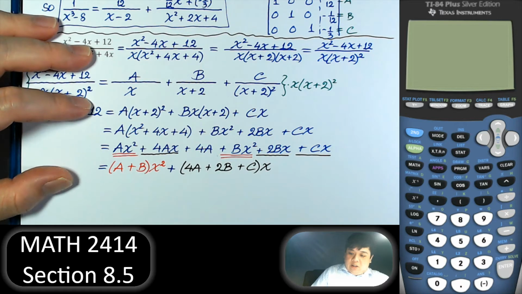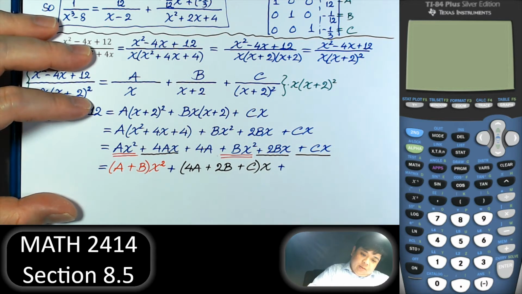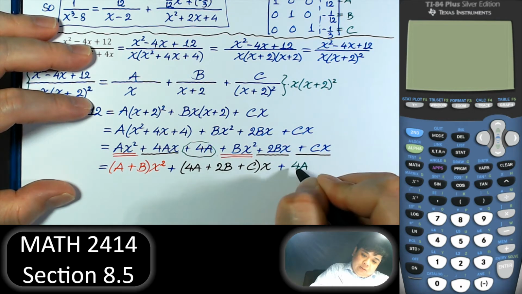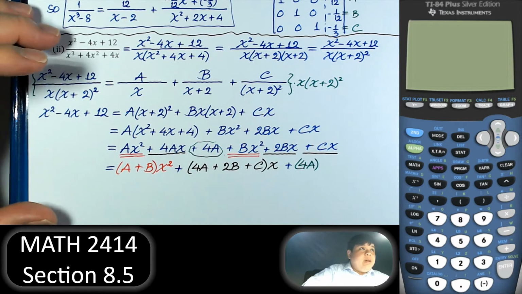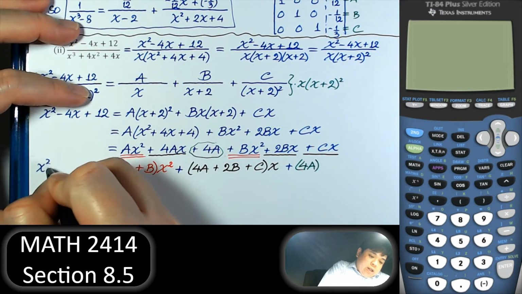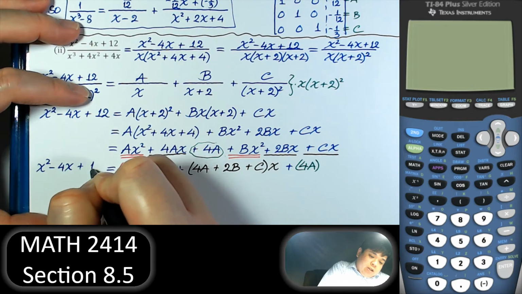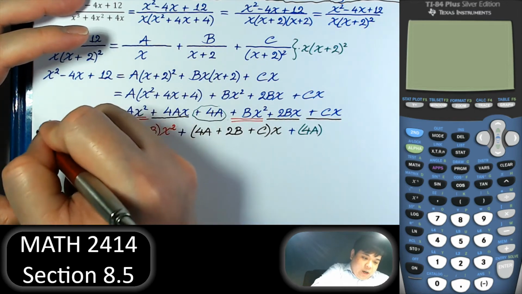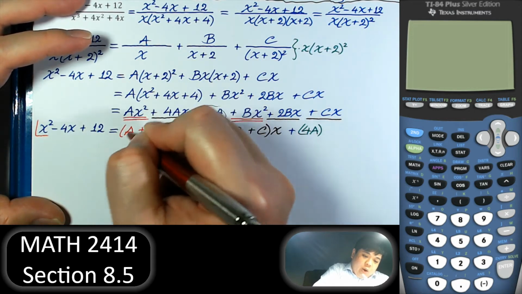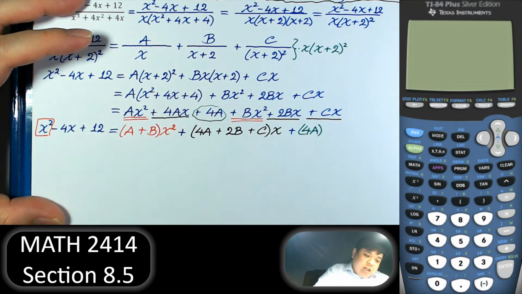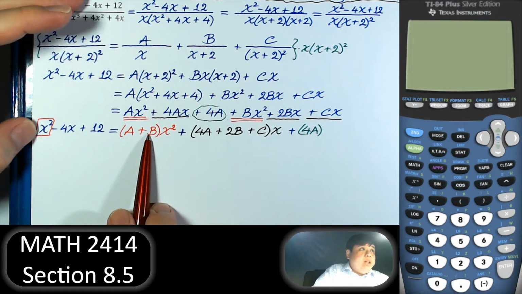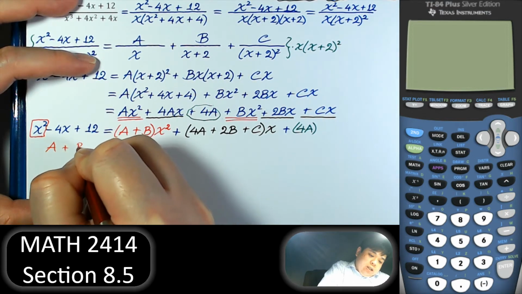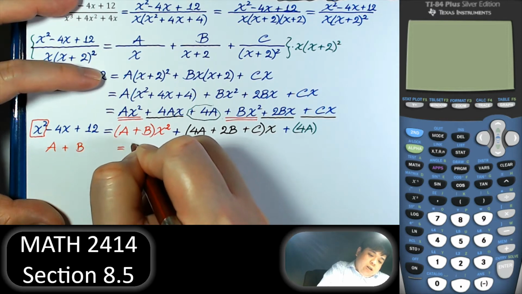And then 4A is a constant. Right, the left hand side though, we will have x squared minus 4x plus 12. Now we just match the coefficient of x squared, which is 1. So first we have A plus B, there's no C there, equal to 1.